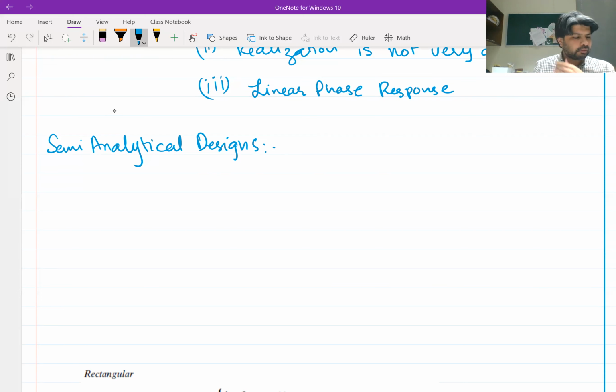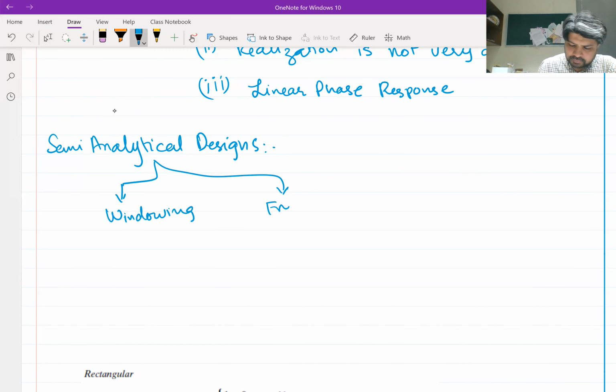I'm not going to write them here, but they would give you a rough idea. They would never give you a concrete idea that this is the order that is going to work for the FIR filter. But nevertheless, we would do these semi-analytical designs. One of them is windowing. The other is called frequency sampling.